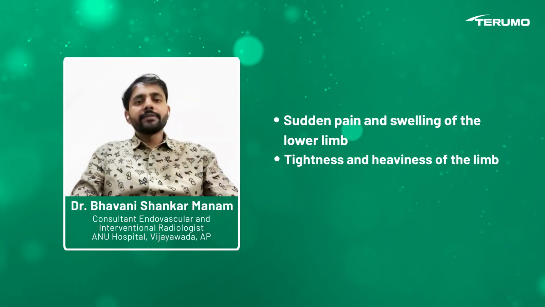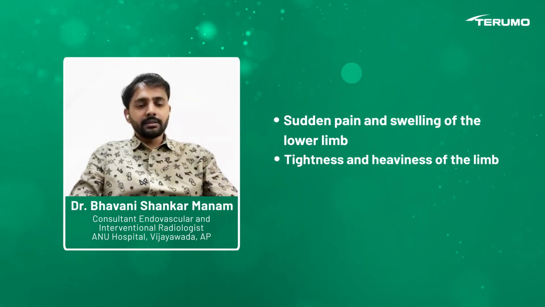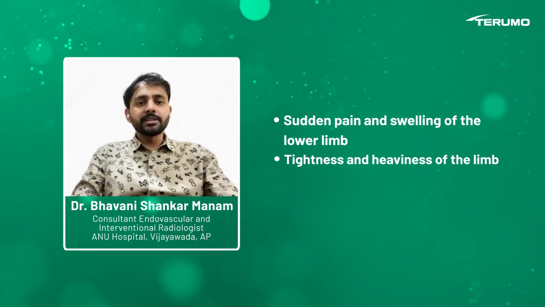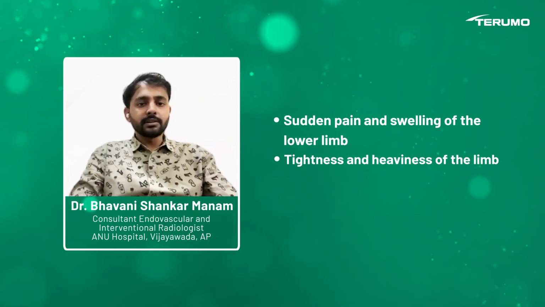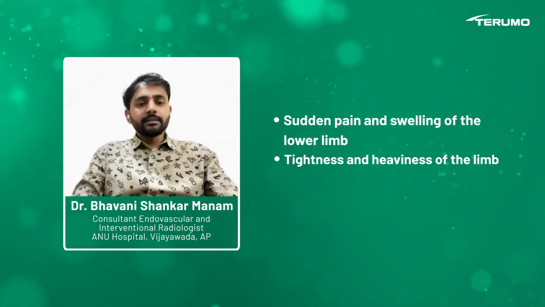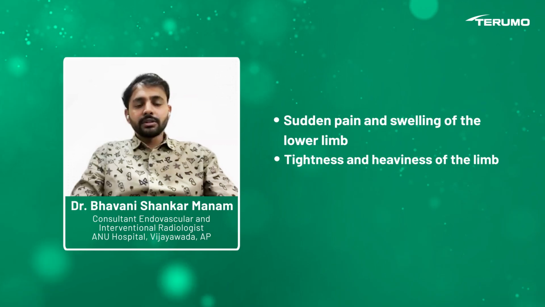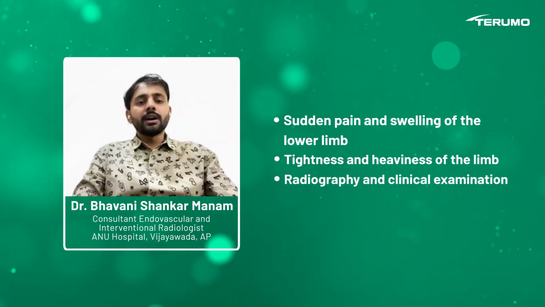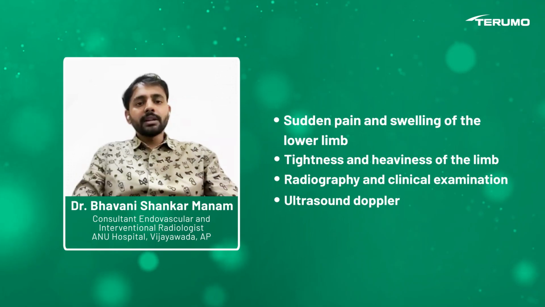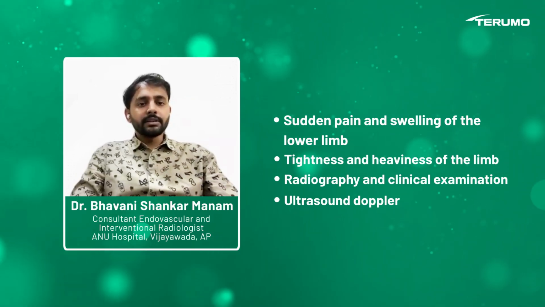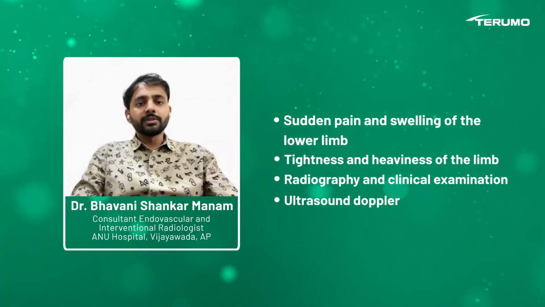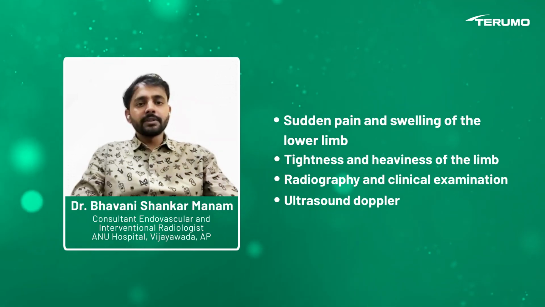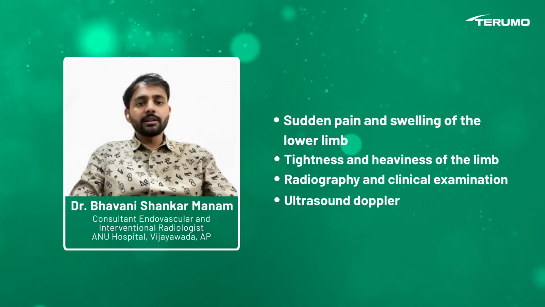In very severe and fatal conditions, maybe due to an already happened pulmonary embolism, you may experience cough and breathlessness also. The first modality we use to diagnose deep vein thrombosis after initial clinical examination is ultrasound Doppler. With a simple ultrasound Doppler, we can diagnose it, where you can see completely clot-filled blood vessels and Doppler with no color flow uptake.